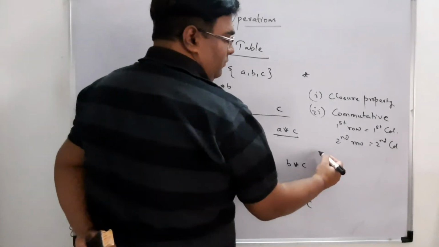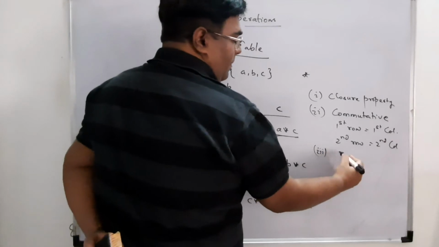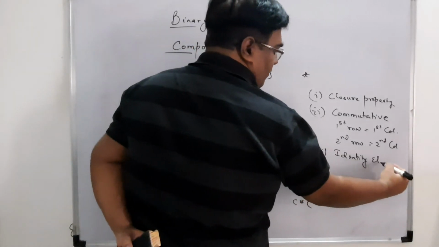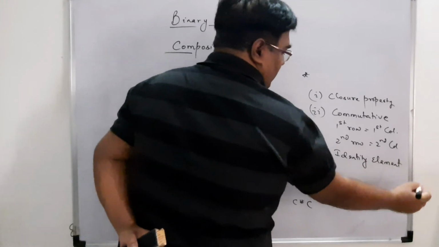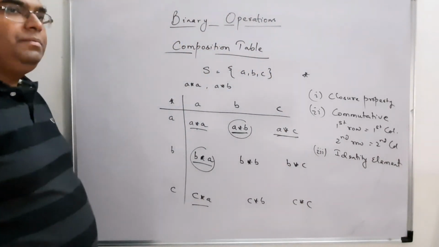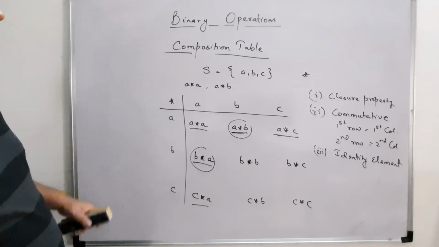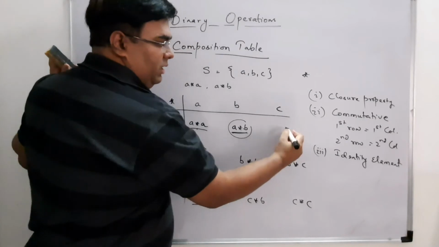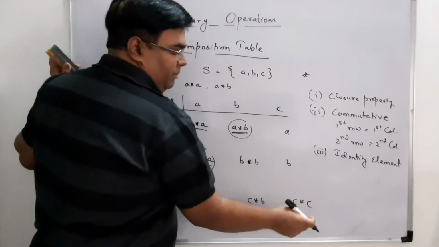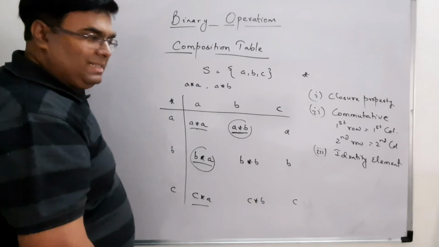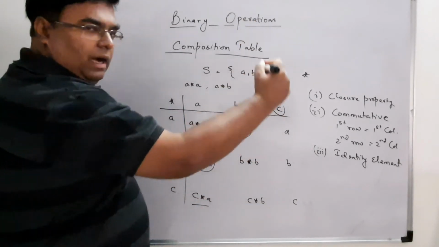Third, we can identify the identity element. Suppose here you get A, here you get B, here you get C. So clearly we can say that C is my identity element.